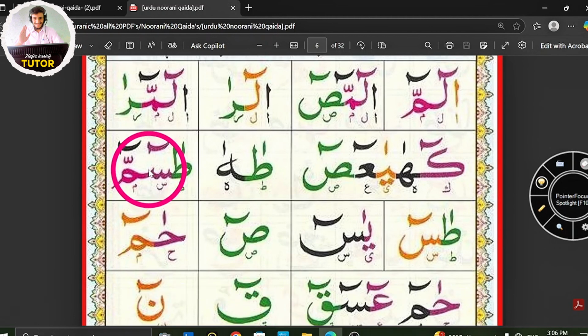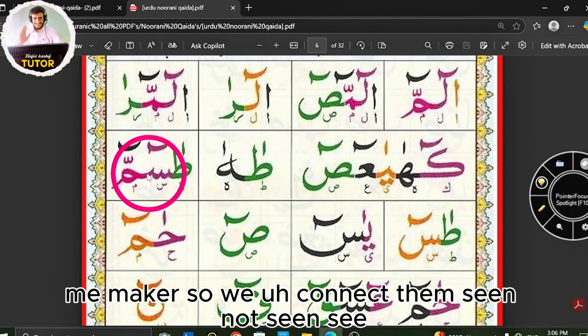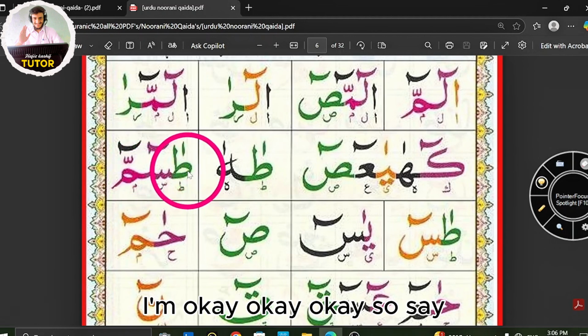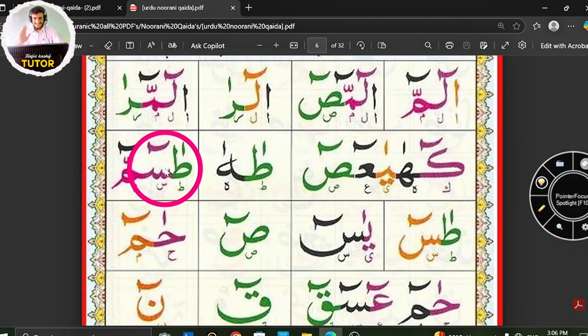After that Meem occurs, so we connect them. Not Seen, Meem, but Seem. Meem, okay? So say Ta Sin Mim.